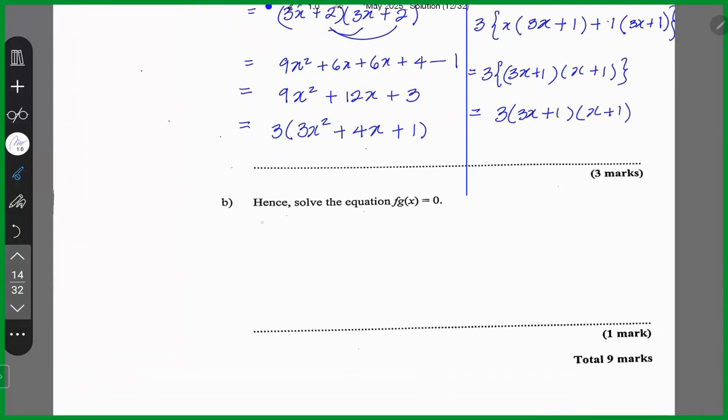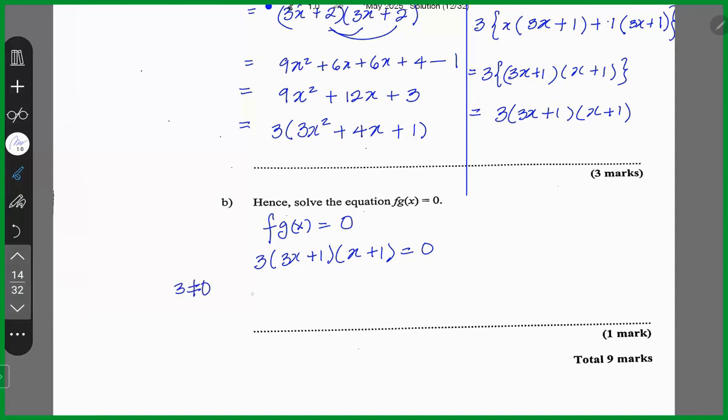Next, we're to solve f of g of x is equal to 0. So that would be 3 into 3x plus 1 times x plus 1 is equal to 0. So now I'm multiplying 3 things and I'm getting 0. It is clear that 3 is not 0.